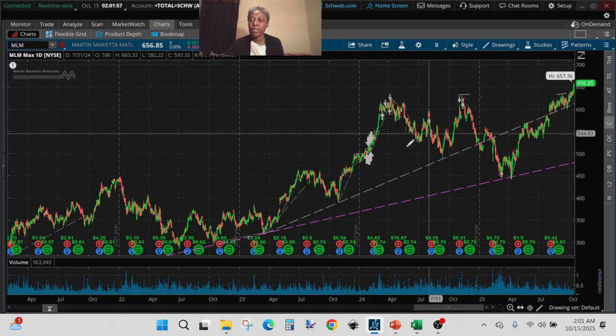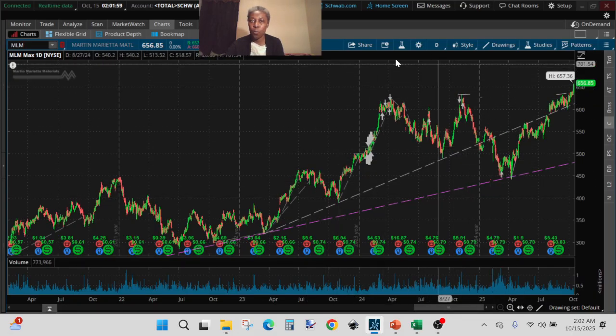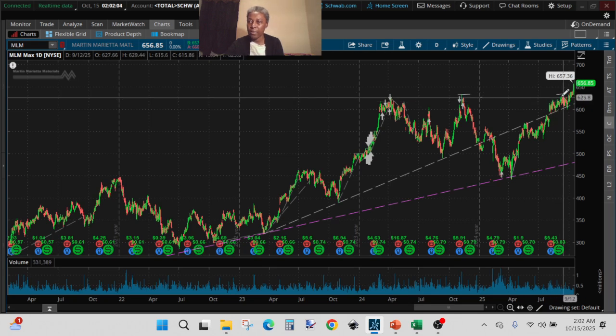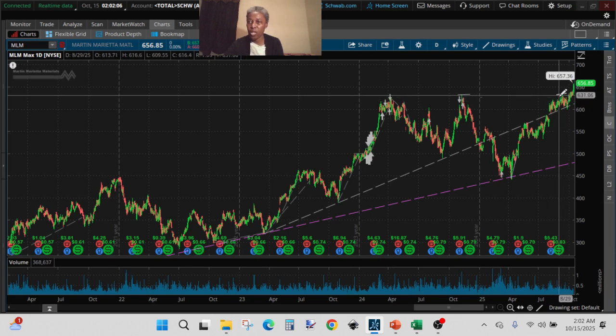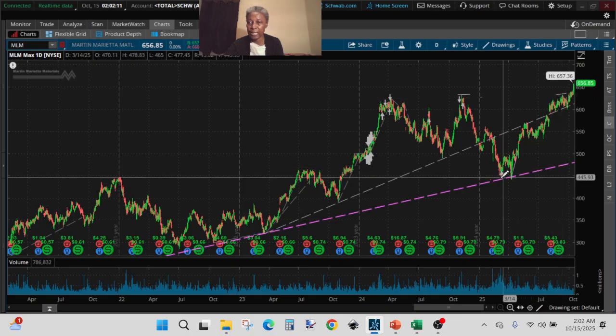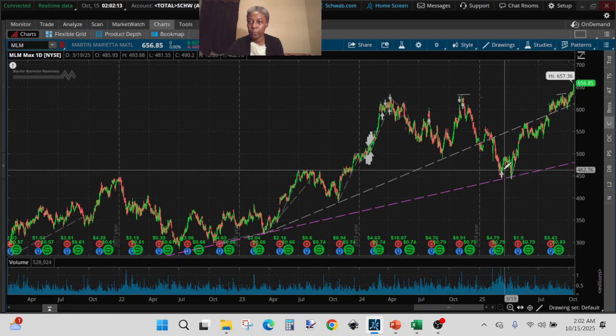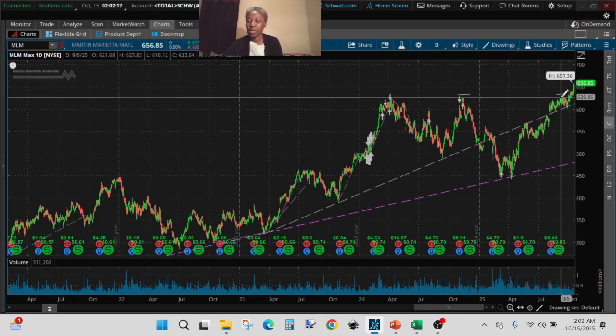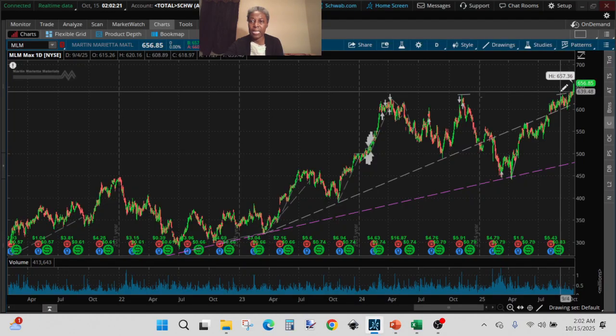So therefore, if it's going to repeat the same pattern, having this mark here tells me that's the first new high in this rise, which was in September. So it was easy for me to locate. That was in September.